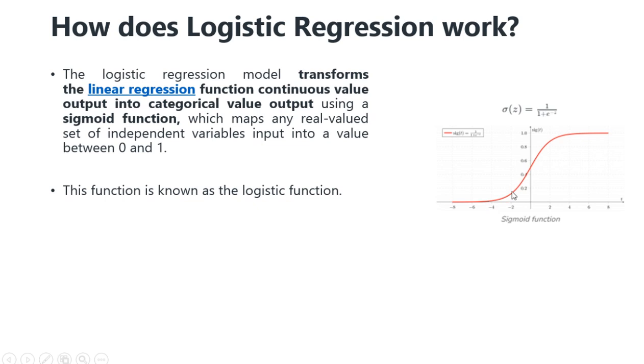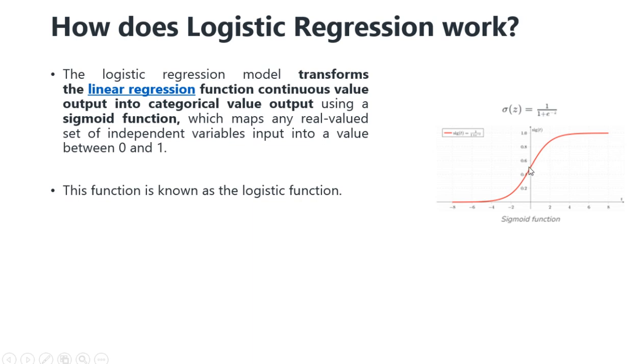You can see here that the value of this S-shaped curve ranges between 0 and 1. This is 0 and here you have 1. The relationship between the dependent variable and the independent variable in logistic regression is represented by this S-shaped curve, which we also call a sigmoid curve. It has a positive and a negative part of x, and exactly at 0.5 the curve changes.